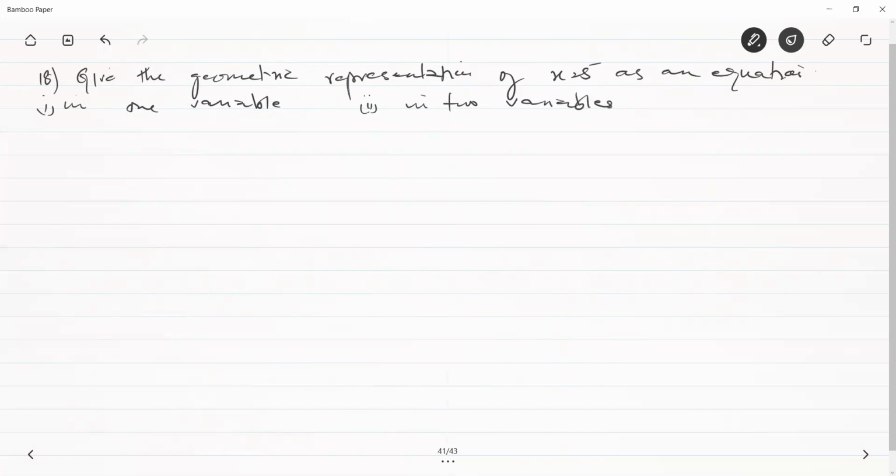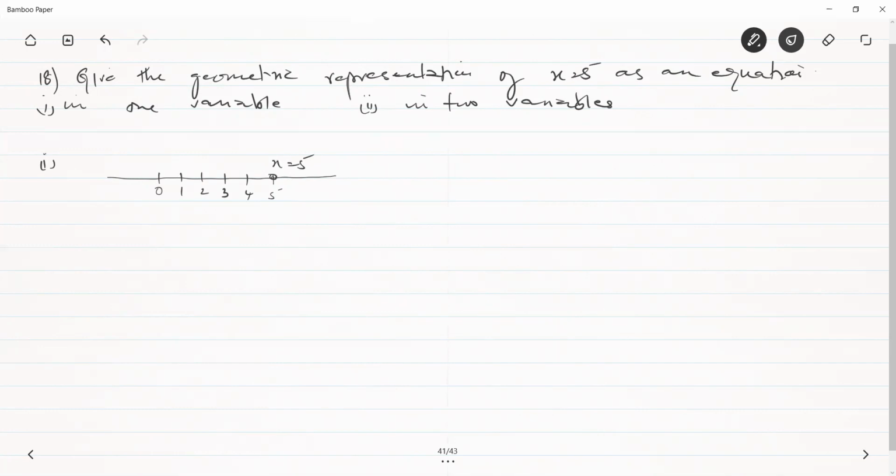Now in one variable, what will be the geometric representation? You just have to draw a number line and take this as 0, 1, 2, 3, 4, 5. So this will be your x is equal to 5.